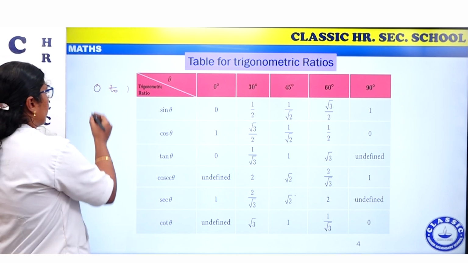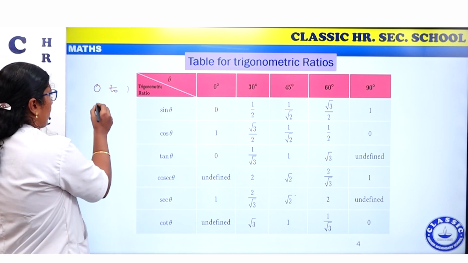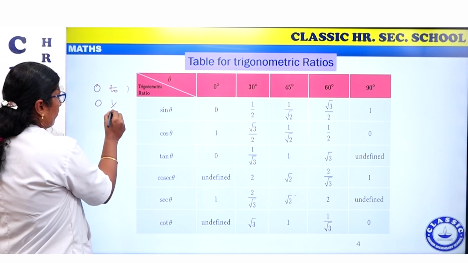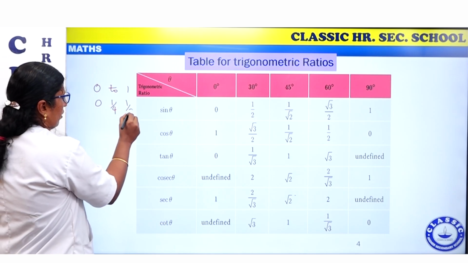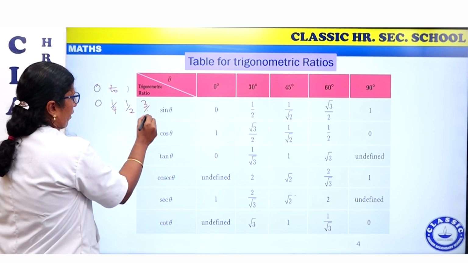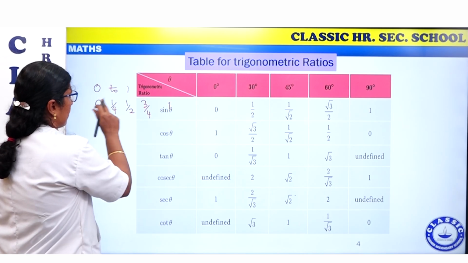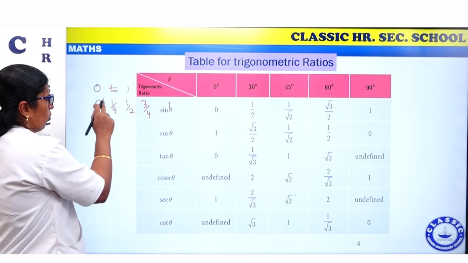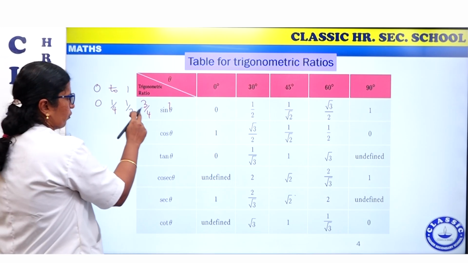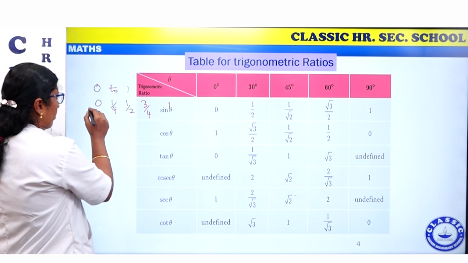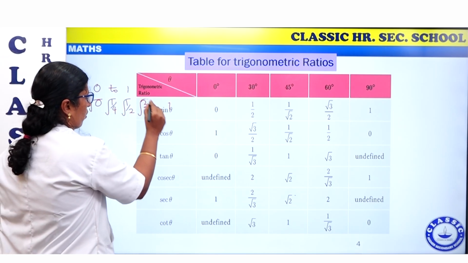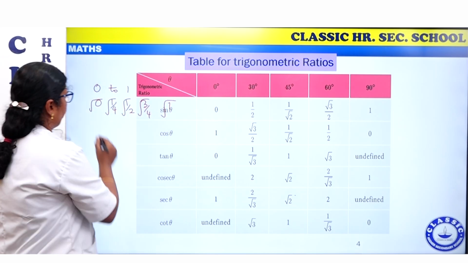How can you remember? First I have to split these numbers this way: 0, then 1 by 4, half, 3/4, and then 1. Just take the square root of these values and you can easily find the trigonometric values.